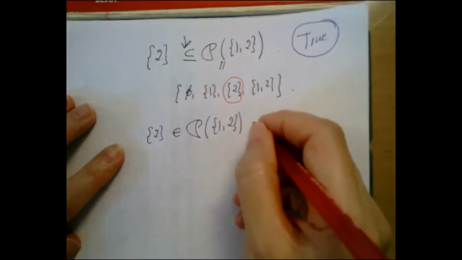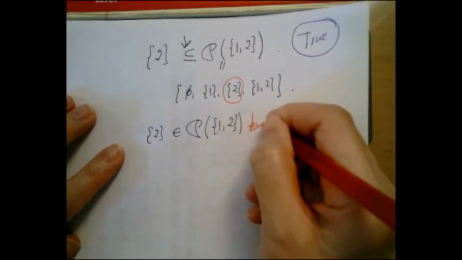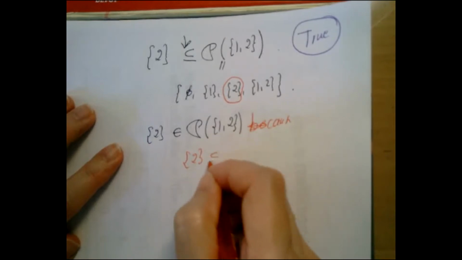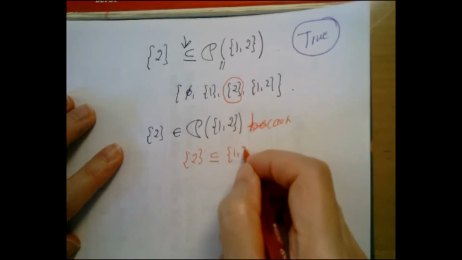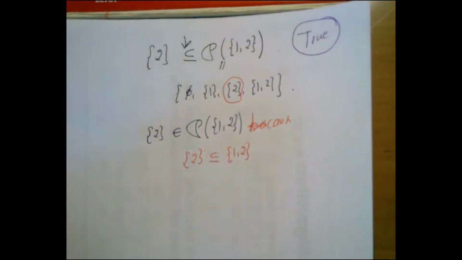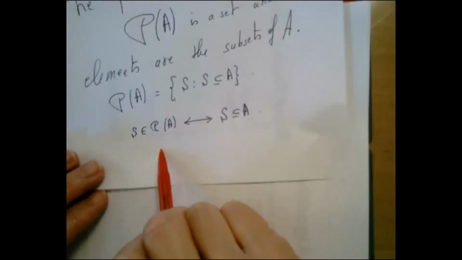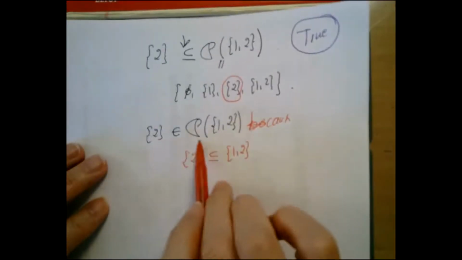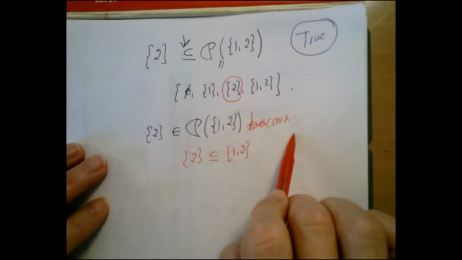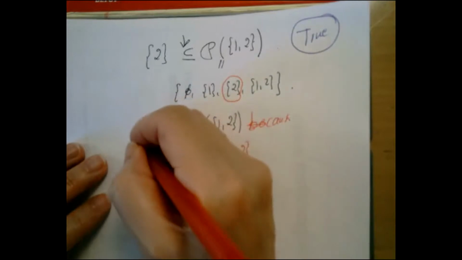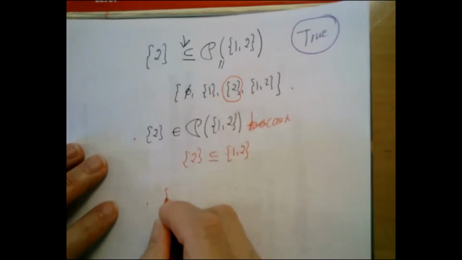Because {2} is a subset of {1, 2}. So it is an element because what does it mean to say something is an element of the power set? It means it's a subset of it. So is {2} an element of this? The answer is yes, because {2} is a subset of {1, 2}. So element. Now, why is this false?